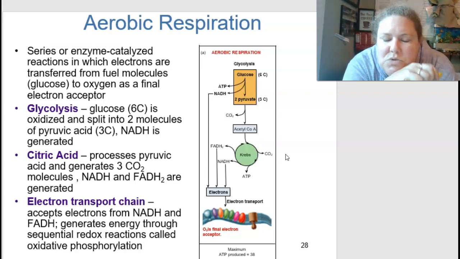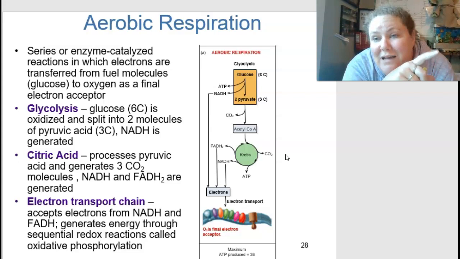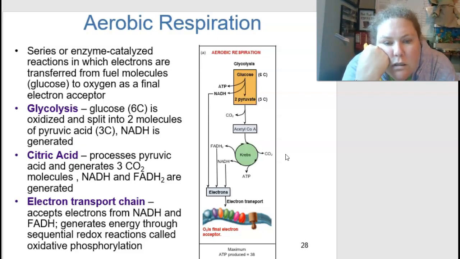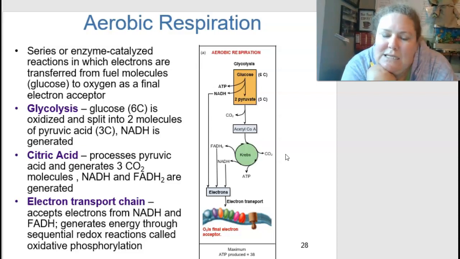And during this, we're going to be producing CO2. So fun fact, when we exhale carbon dioxide, this is where we're getting it from, okay? We're going to generate 3 CO2 molecules. We also have our full taxicabs, NADH and FADH2, that are going to be generated.